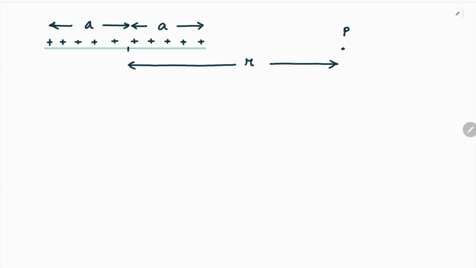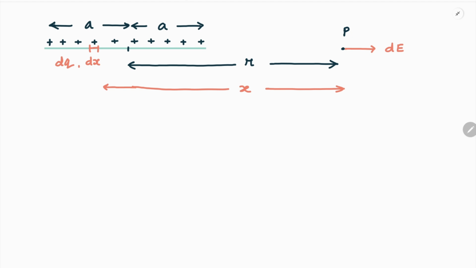So over here we consider an elemental length at a distance x, say here, dx, having a charge dq. So due to dq the electric field will be directed away and will have a value dE.